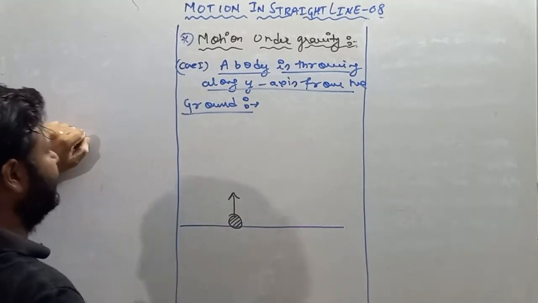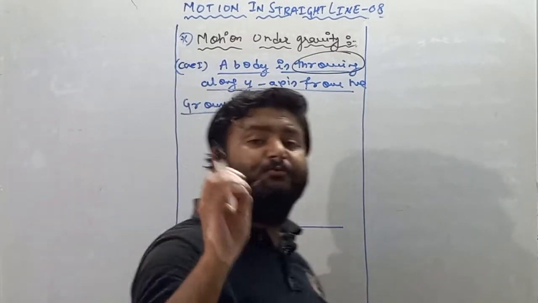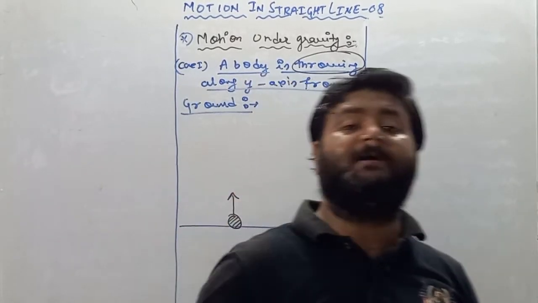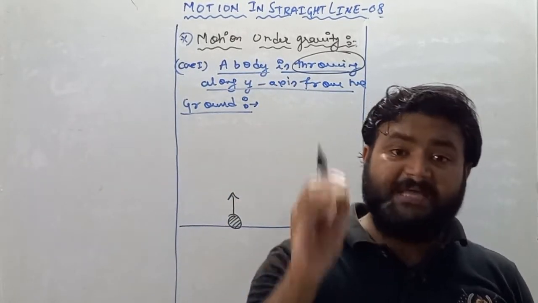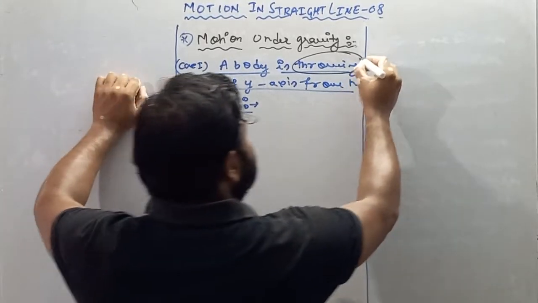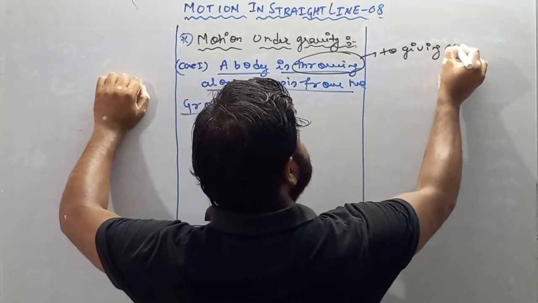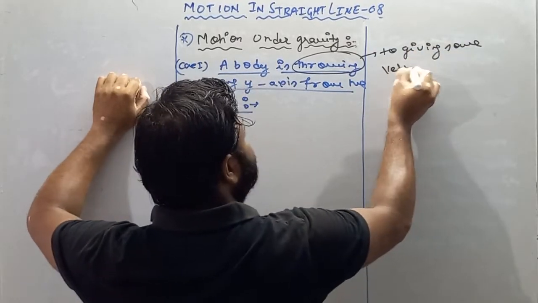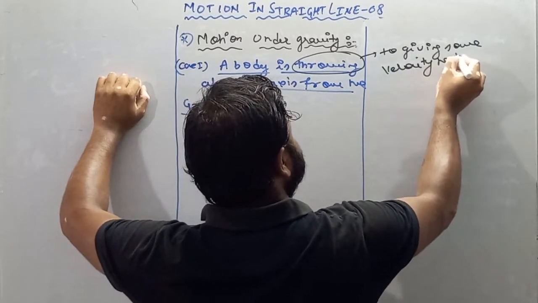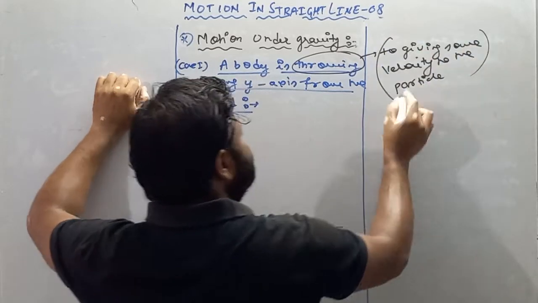Now if you are throwing anything, it implies you are giving some velocity to the particle. Throwing means nothing but giving some velocity to the particle.